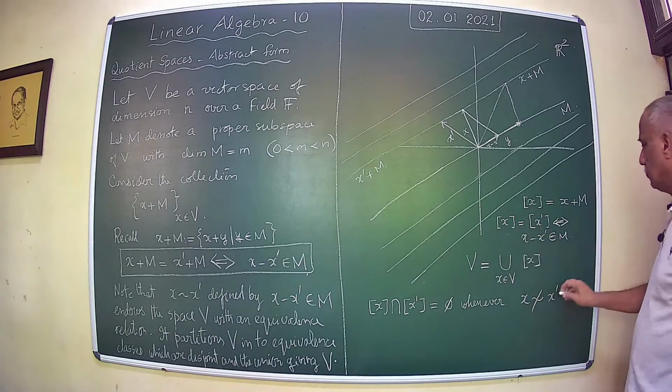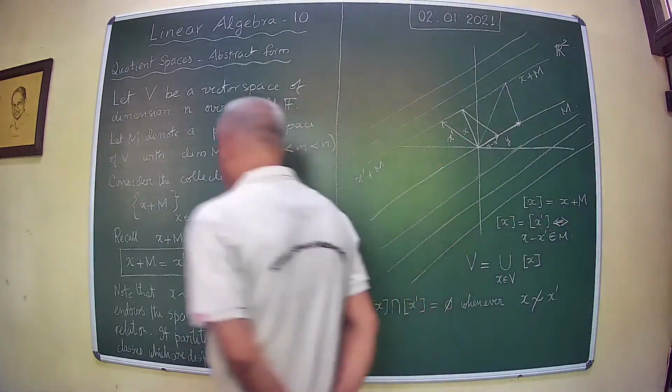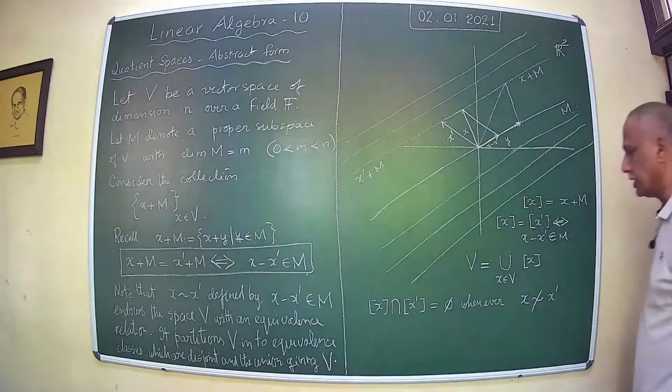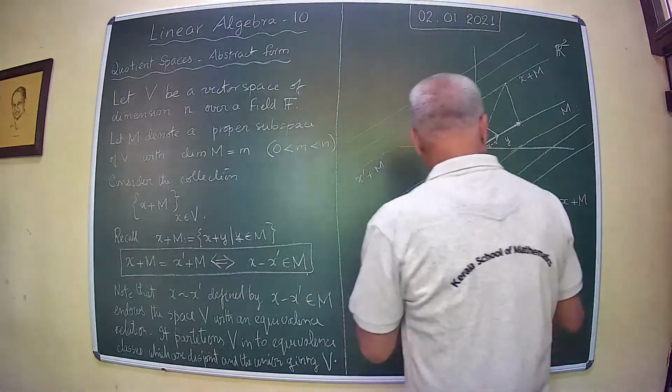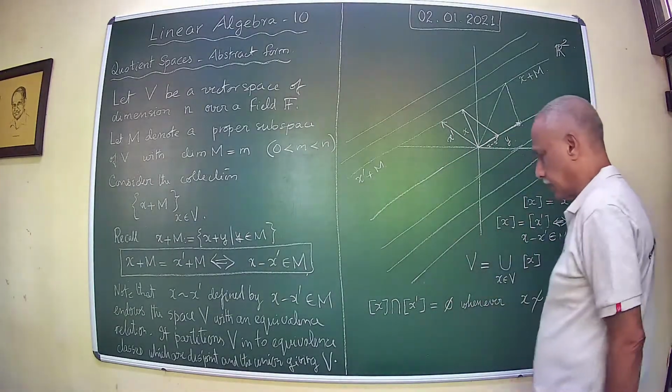This is not related to x prime. But if x is related to x prime, then the bracket x is equal to the bracket x prime.